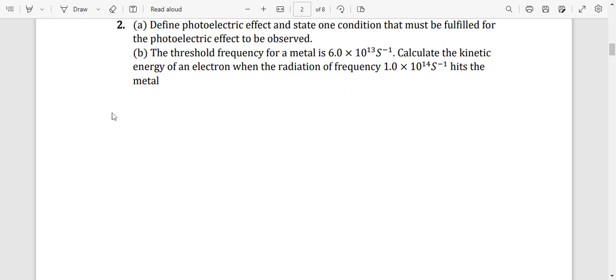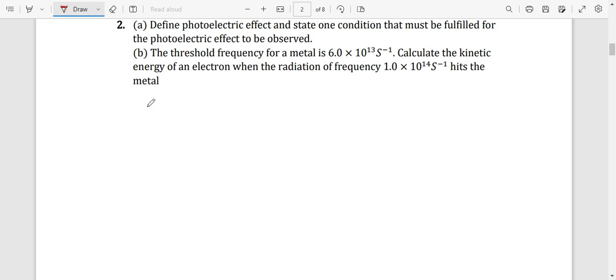Okay. Define photoelectric effect and state one condition that must be fulfilled for the photoelectric effect to be observed. What is the photoelectric effect? This is when light is projected on a metal and electrons are emitted.